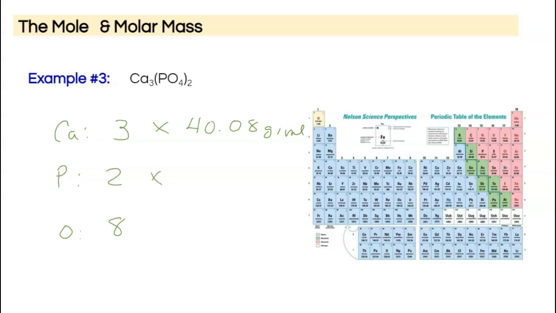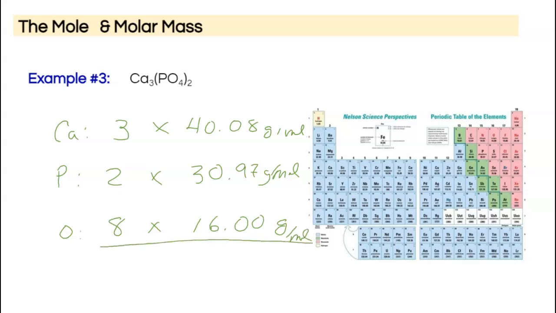Phosphorus, there are 2 of them, and each of them has a molar mass of 30.97 grams per mole. And each oxygen, there are 8 of them, but each of them has a molar mass of 16 grams per mole. So working all of that math out, I get that the molar mass of calcium phosphate is 310.18 grams per mole.